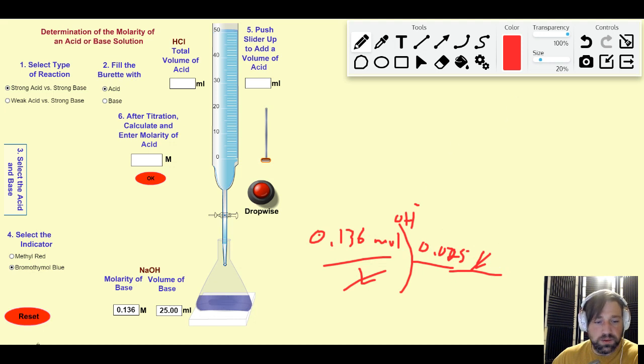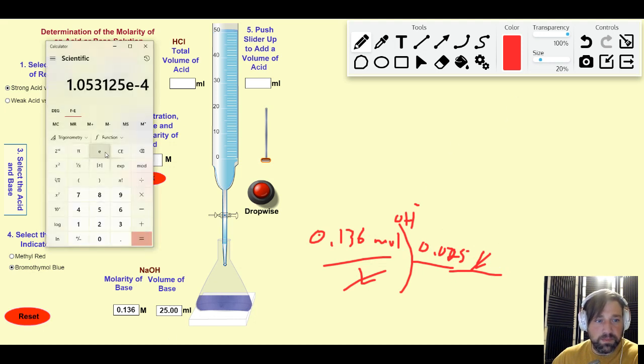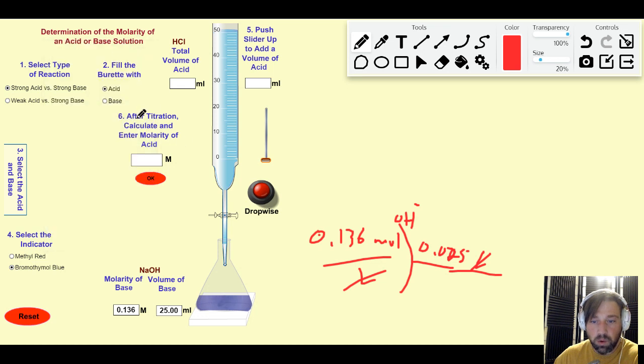All right, so let's do that math real quick. Times 0.025, and we have 0.0034 moles of OH. Now we don't know what the molarity is up here.